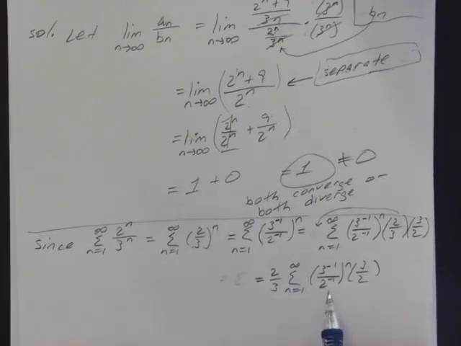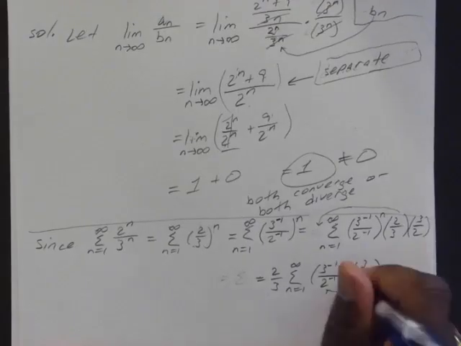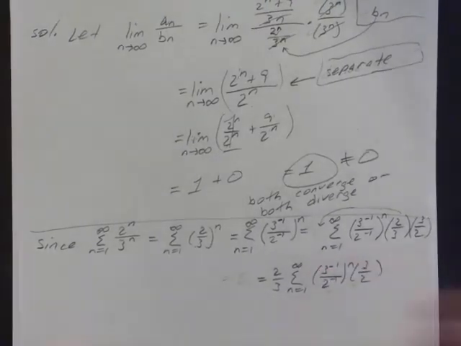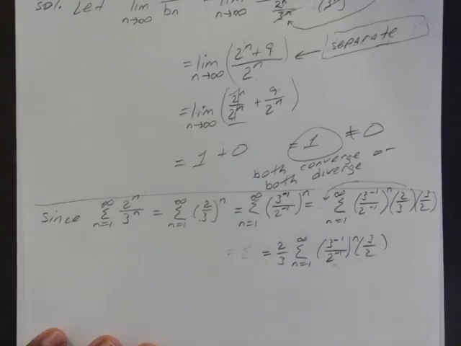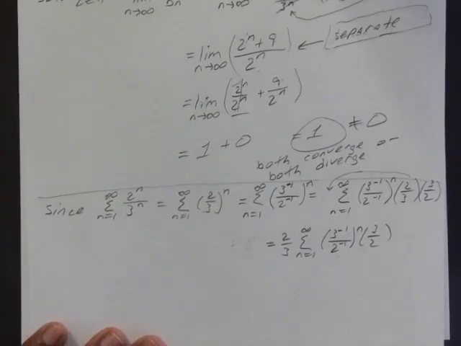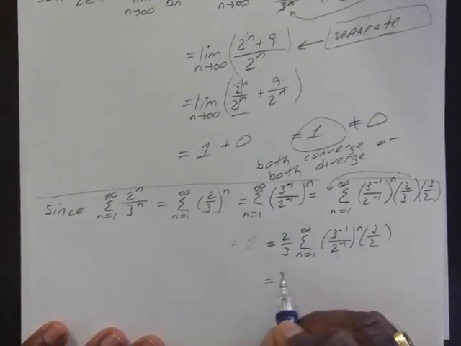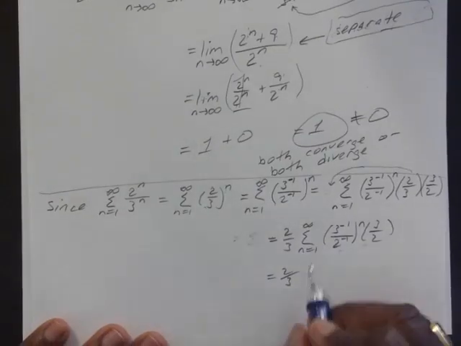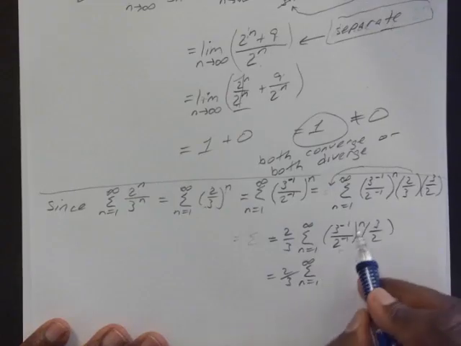Okay, so if we combine these two, actually, I went about that the very long way. Oh well, we'll fix it at the end. I could have skipped a few steps, but the sum from n equals 1 to infinity.